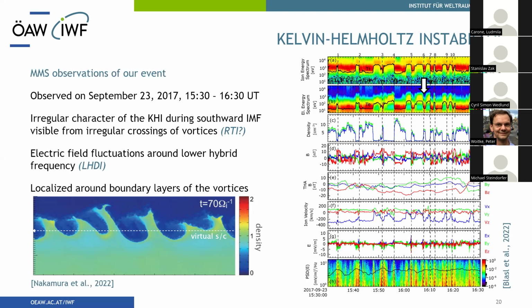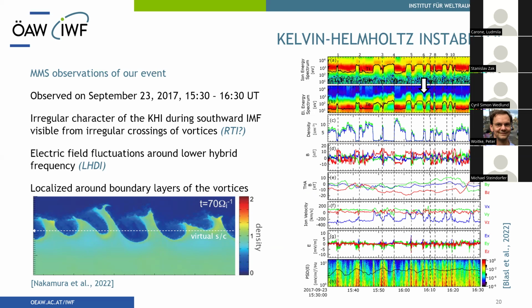And then it doesn't really matter what IMF you have, it can immediately destroy the structure. So usually what this whole study should tell you is that during southward IMF it's much more irregular, but locally you can still have basically anything, no matter what IMF you have.